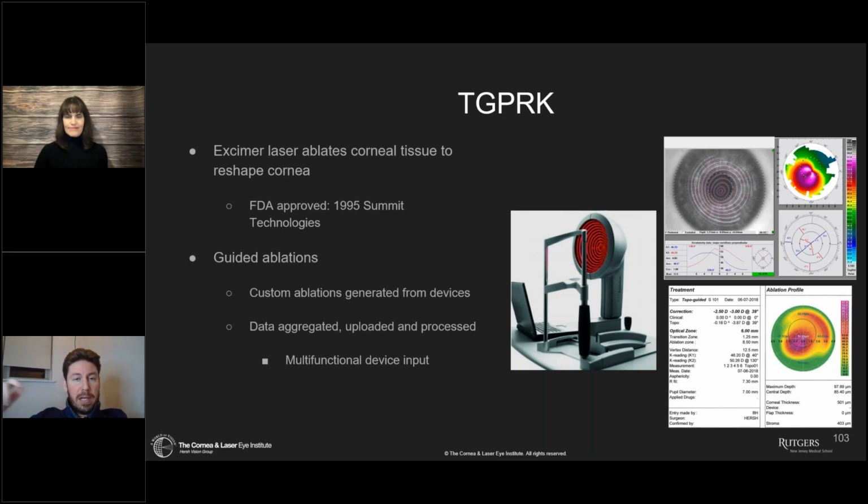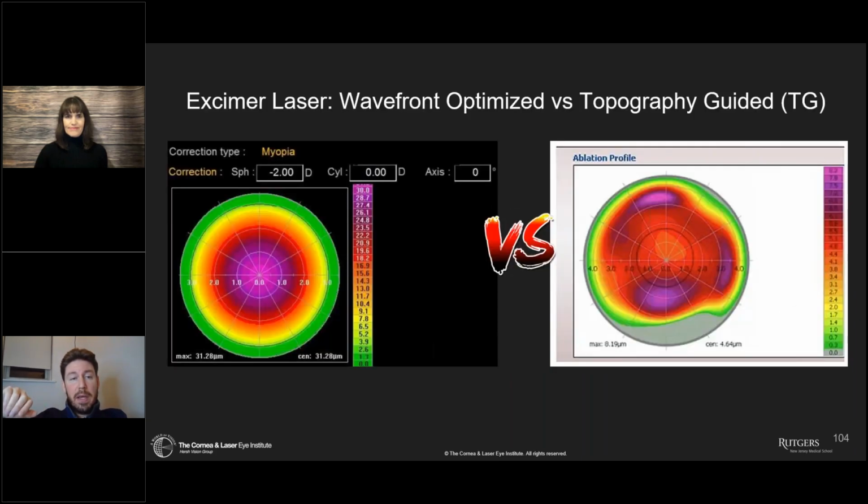Now, if we go to the next slide, what you'll see is the difference between a myopic profile, where we're doing a global removal of tissue, whereas in a topography guided profile, we're just nipping the areas that are a little bit irregular, a little elevated, so that we can create a more smooth optical profile.